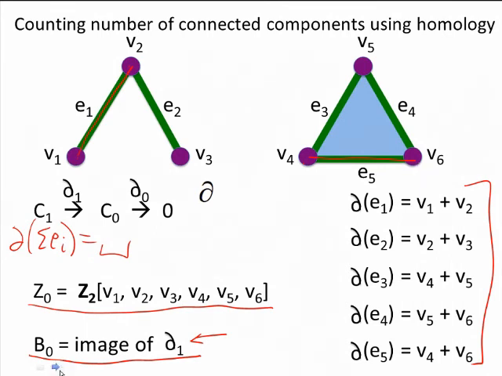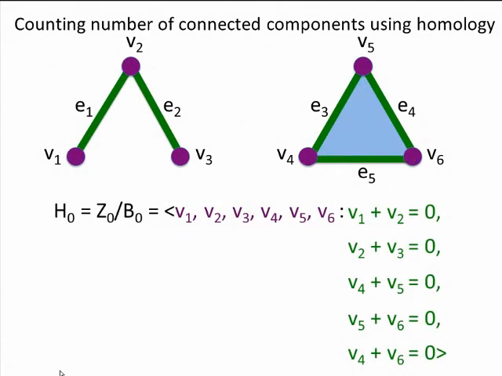So we can now actually create our first homology. Our first homology is to take our cycles mod our boundaries. And that's really what we did in the beginning when we were informally counting the number of components. We start off with all our vertices, and then we'll start collapsing and saying, well, V1 and V2 are in the same component.